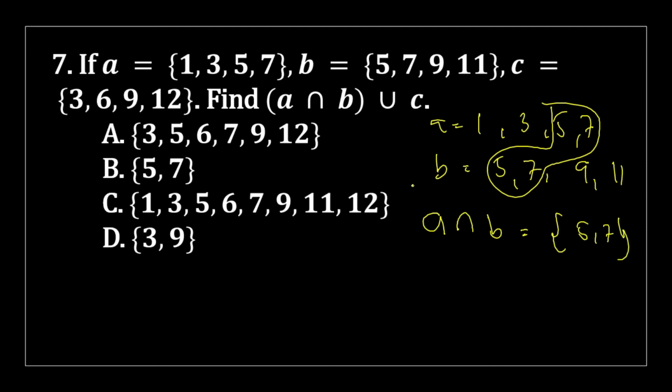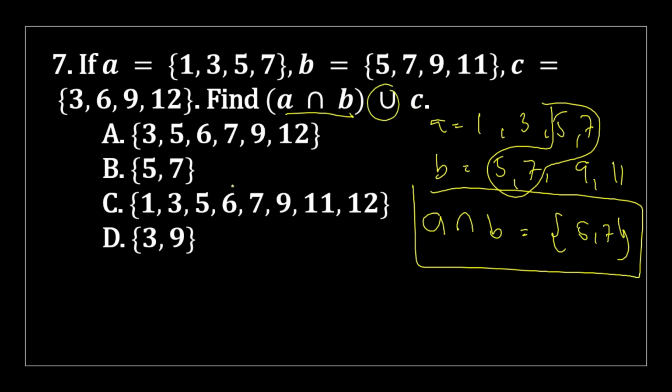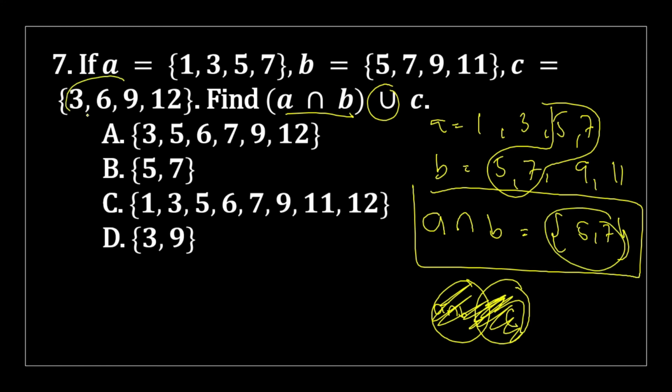So that's the intersection. Now we're not done yet. Since we have the value for the intersection of A and B, now what is the union of the intersection of A and B, and C? When we say union, if we're going to put this in a Venn diagram, this is the intersection of A and B, and this is C. The union are the combined elements of the intersection of A and B, and C. So meaning we will combine this to this.